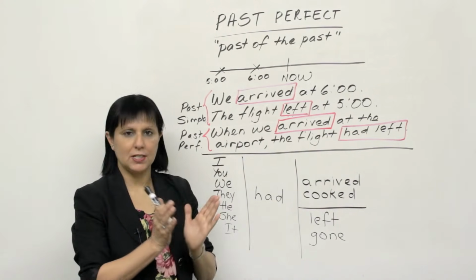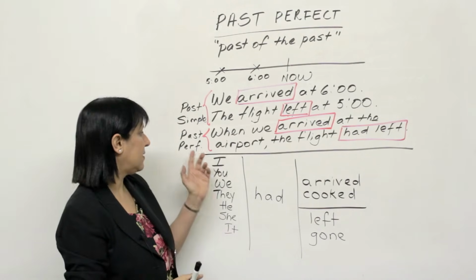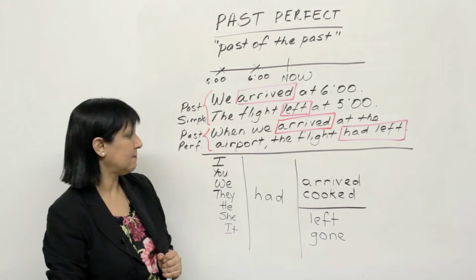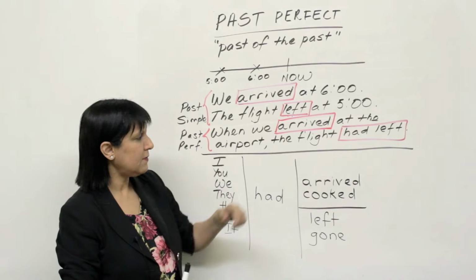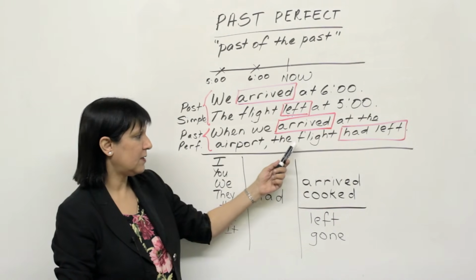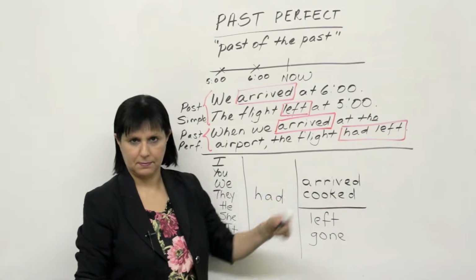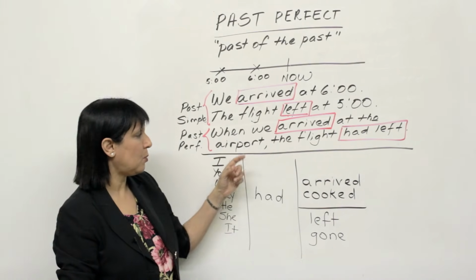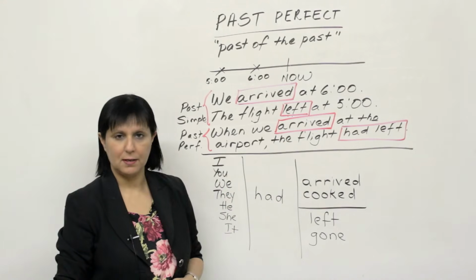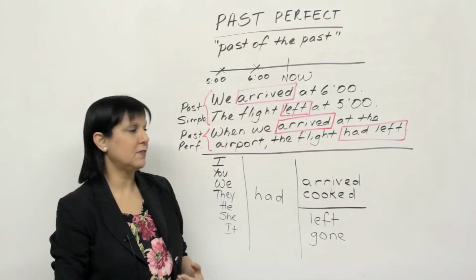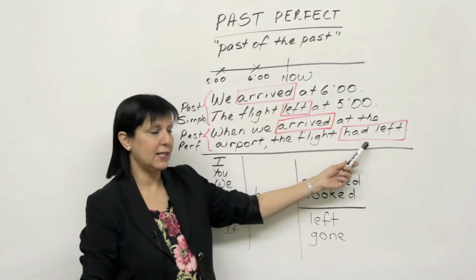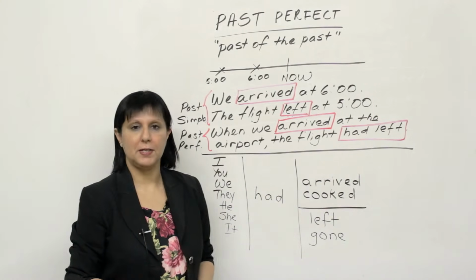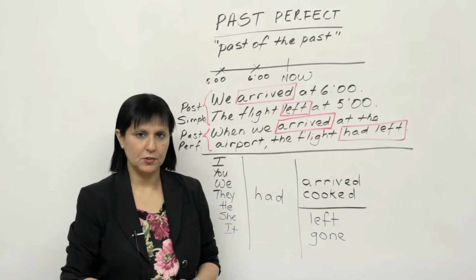If we want to connect these two events, then we could say something like this. When we arrived at the airport, the flight had left, all right? When we arrived at the airport at 6 p.m., we discovered that the flight had left at 5 p.m. So what happened first?